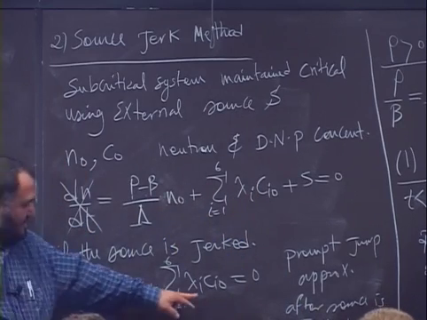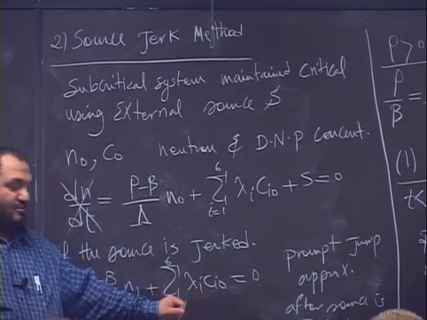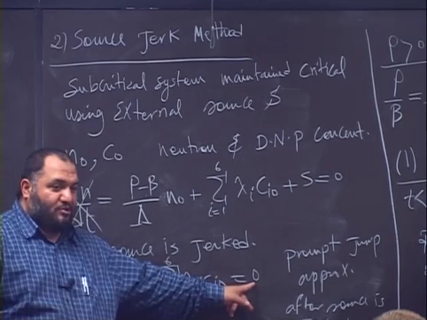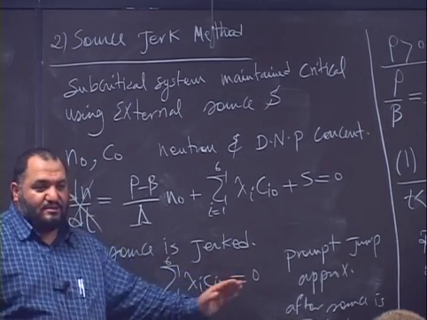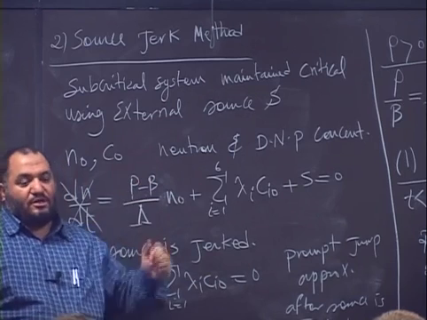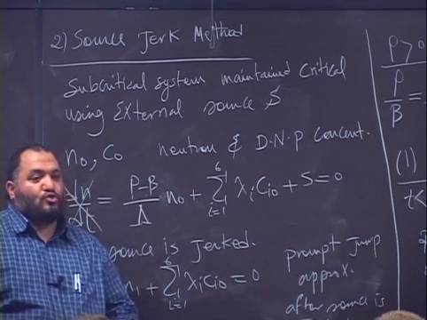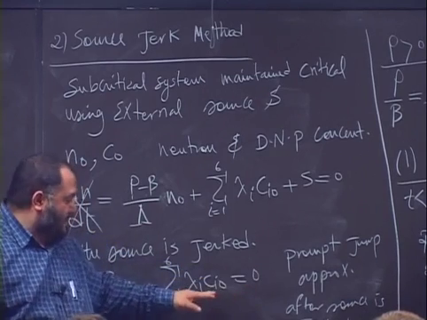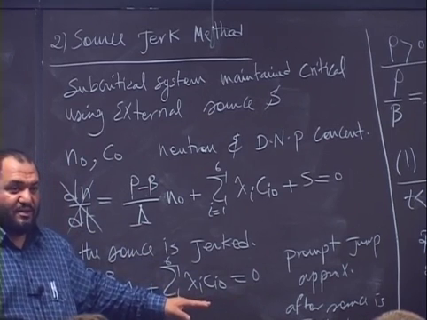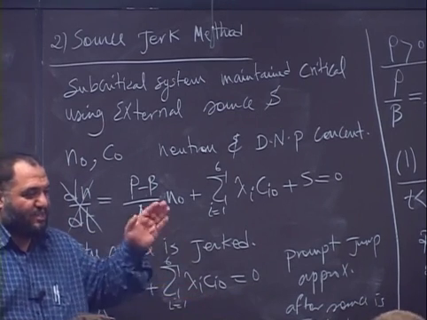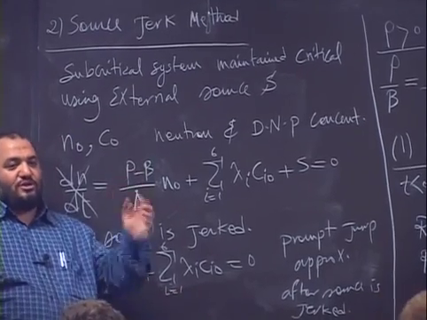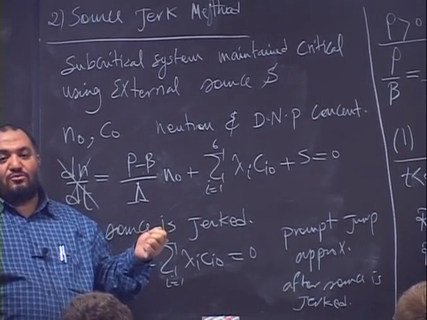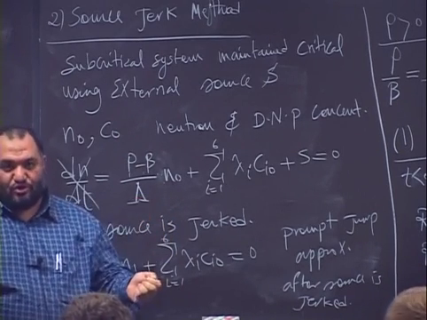Somebody will ask why I have this. First of all, last lecture we showed that the prompt jump approximation assumes there is no time rate of change of the neutron population for the prompt parts. So we equate the equation to 0, and one of the assumptions is that right after the change, after the source has been jerked or the control rod has been removed from the reactor, the delayed neutron precursor concentration does not change.